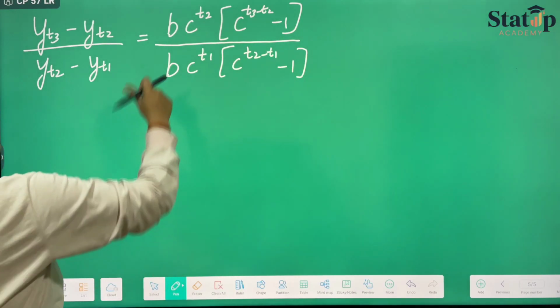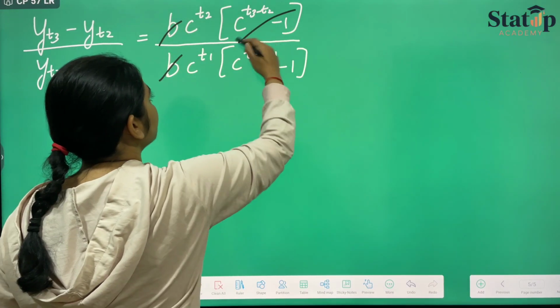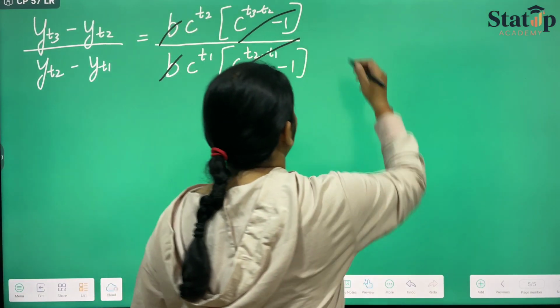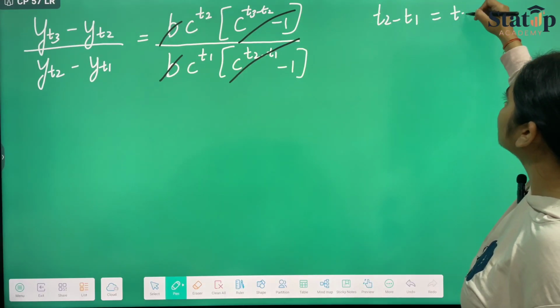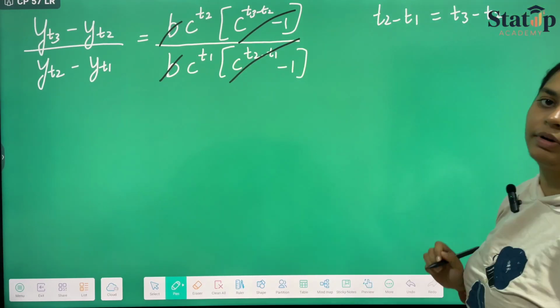So b and b will get cancelled, and this will also get cancelled, because we know that T2 minus T1 is equal to T3 minus T2 for equidistant points.